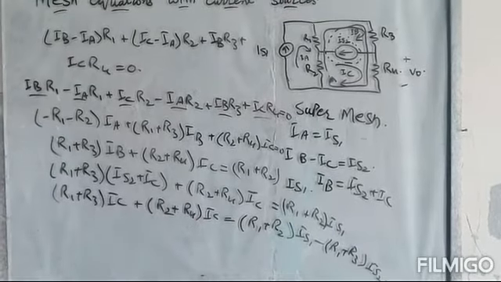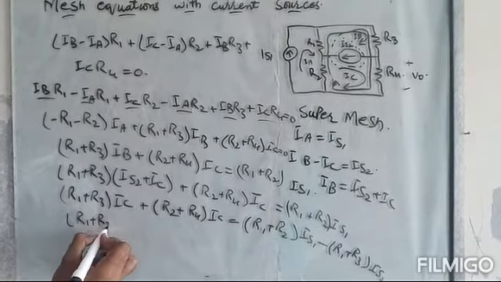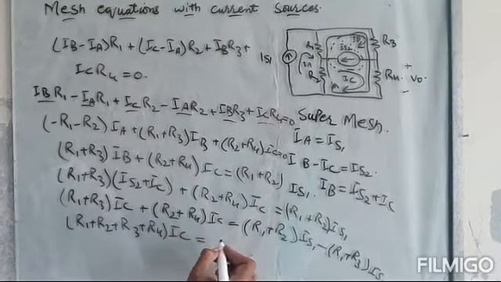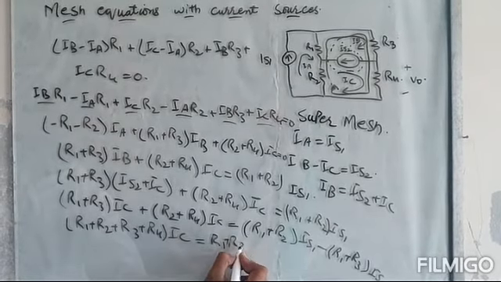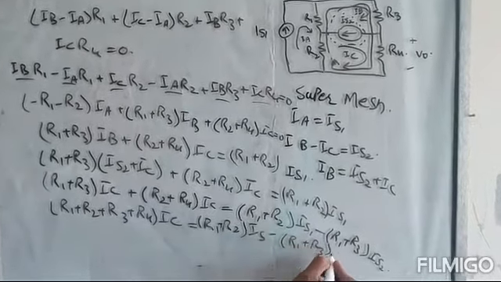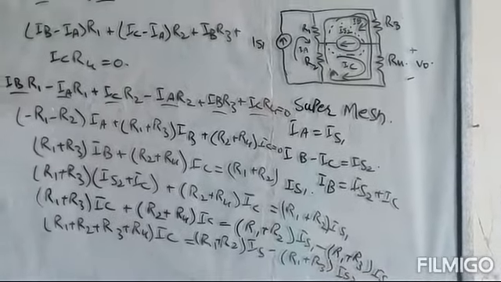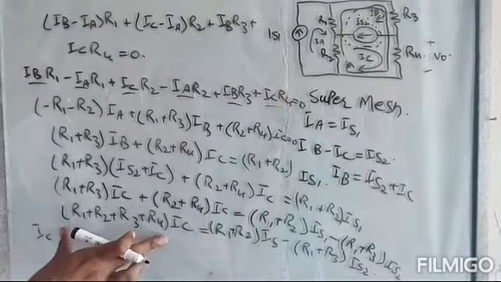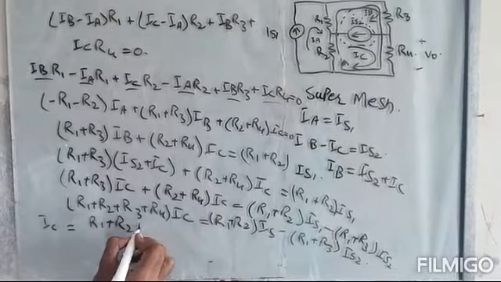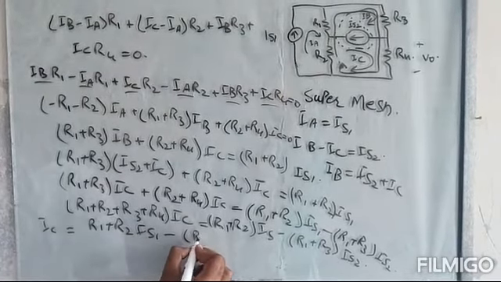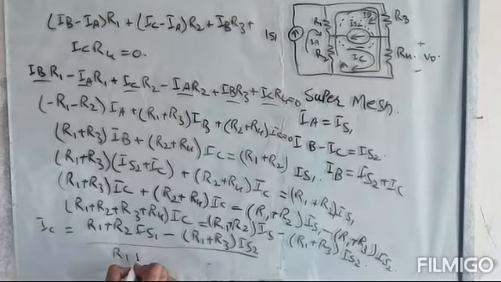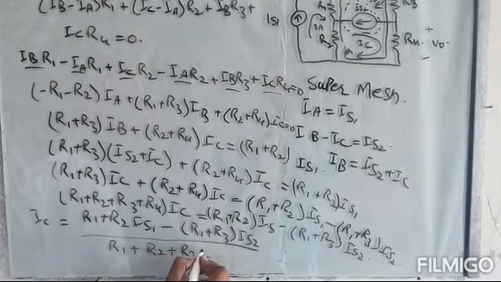We can combine these two terms. R1 plus R2 plus R3 plus R4 multiplied by IC is equal to R1 plus R2 IS1 minus R1 plus R3 IS2. To find IC, we will divide on the other side. So IC will be equal to R1 plus R2 IS1 minus R1 plus R3 IS2, divided by R1 plus R2 plus R3 plus R4.